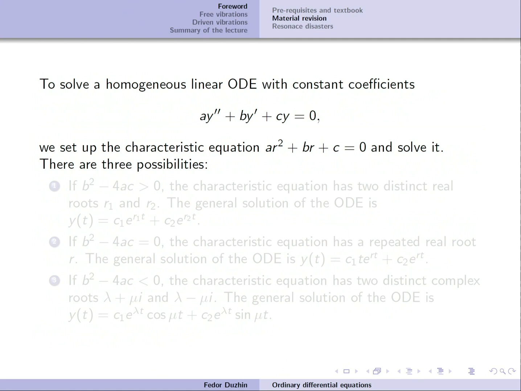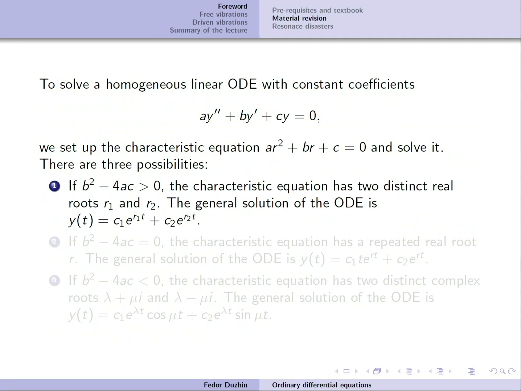Basically, recall that in order to solve a homogeneous linear differential equation with constant coefficients, second-order, you need to write down the corresponding characteristic equation, which is just an algebraic equation, a quadratic equation, and then solve it. If the discriminant of the characteristic equation is positive, then it's one case.